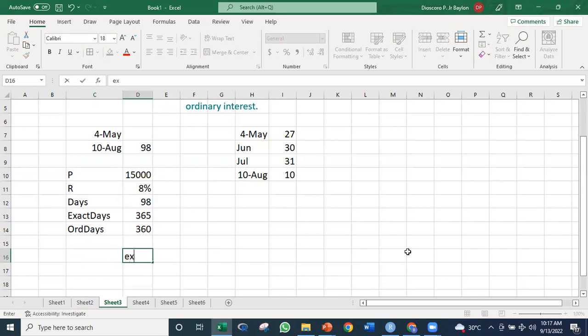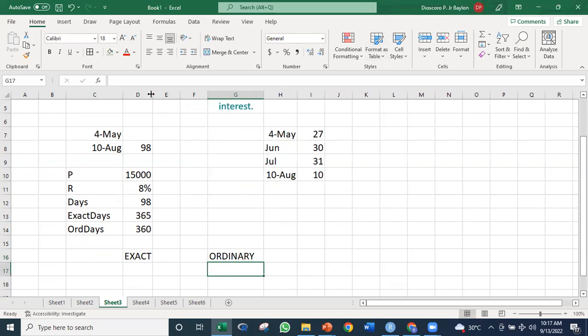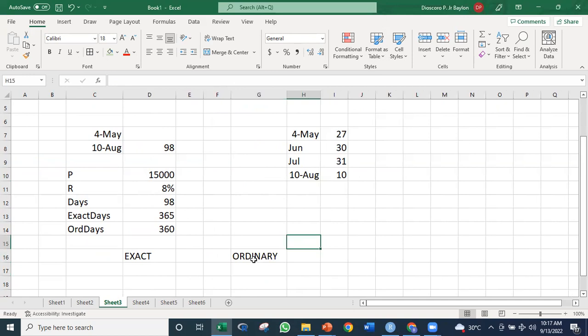All right, so our interest. So let's put here exact, and on this side is ordinary. And maybe we can put it side by side.